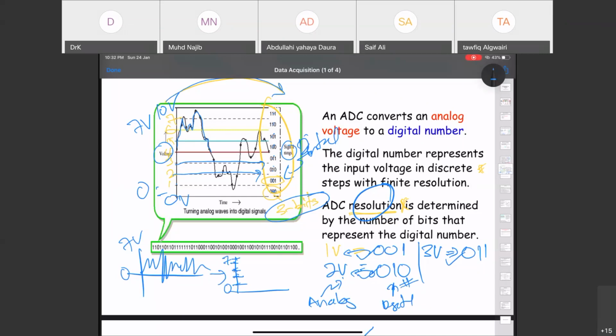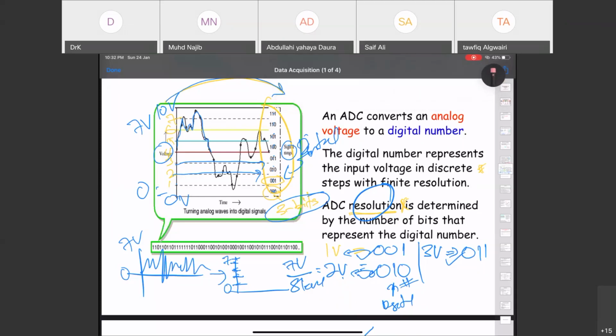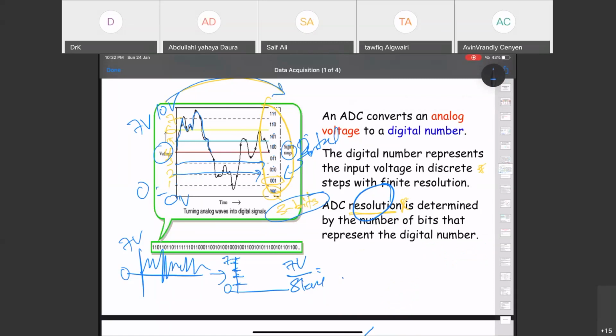If you take 7 volt and divide by 8 levels, you will get what? Can somebody get that for me? 7 volt divided by 8 levels, what do you get? Can somebody help me here? 0.875.